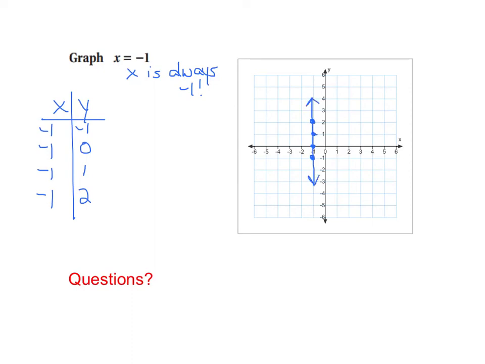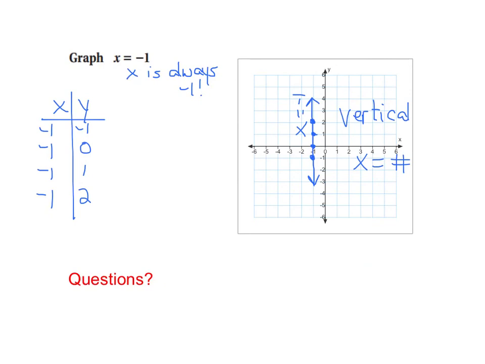Its name is x equals negative 1. Okay? So, this is a vertical line. And its equation is x equals a number.